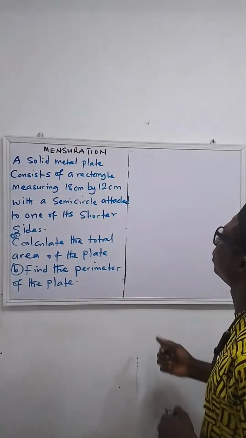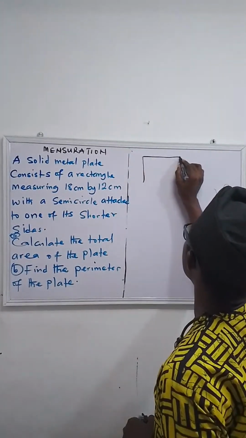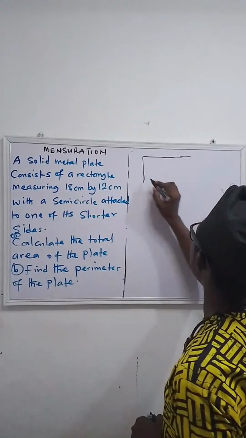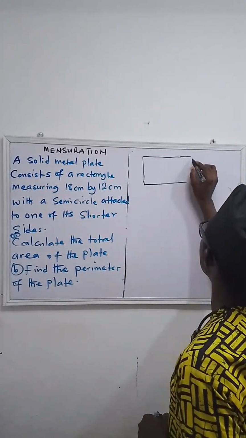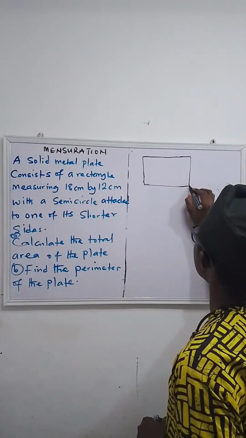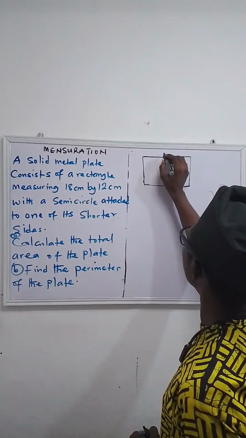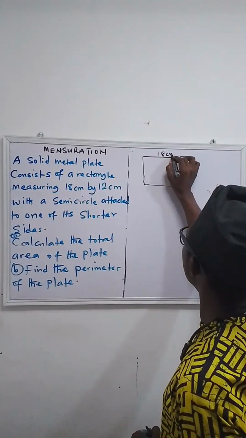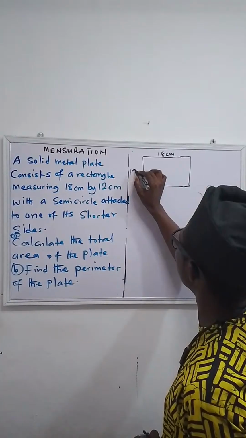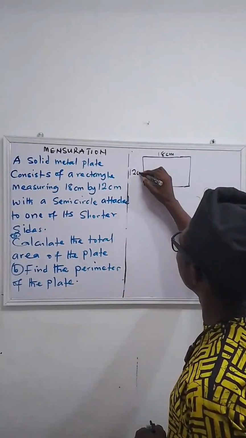Now let's see. We have the rectangle. What's the dimension of the rectangle? We have 18 centimeter by 12 centimeter. Okay.